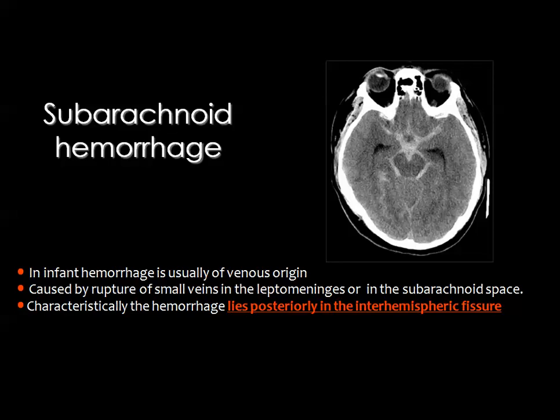And subarachnoid hemorrhage is one of the sequelae of trauma in adults and also in the pediatric age group. Then for the diagnosis of subarachnoid hemorrhage, you see fresh blood or hyperdense blood in the subarachnoid spaces, including the basal cisterns, the fissures, the cortical sulci, and you know that hemorrhage in the pediatric age group usually lies posteriorly in the interhemispheric fissure, but this is not a rule.